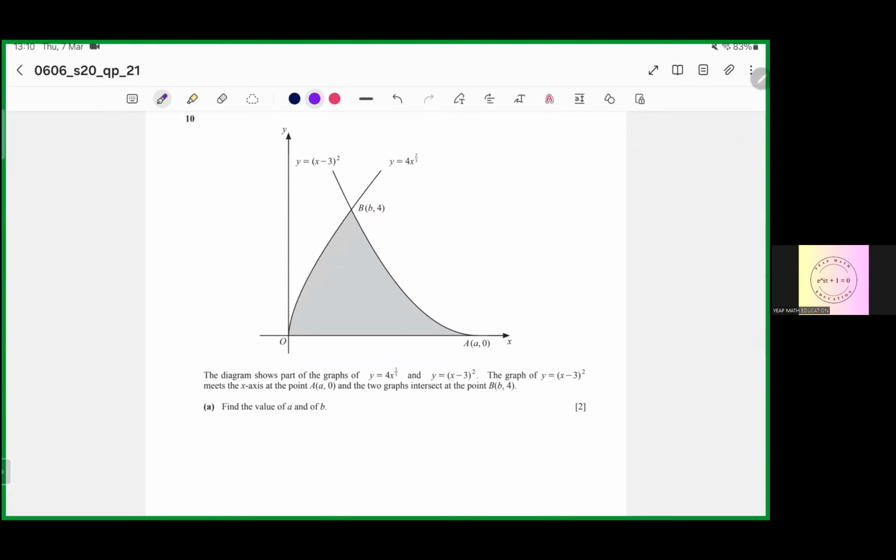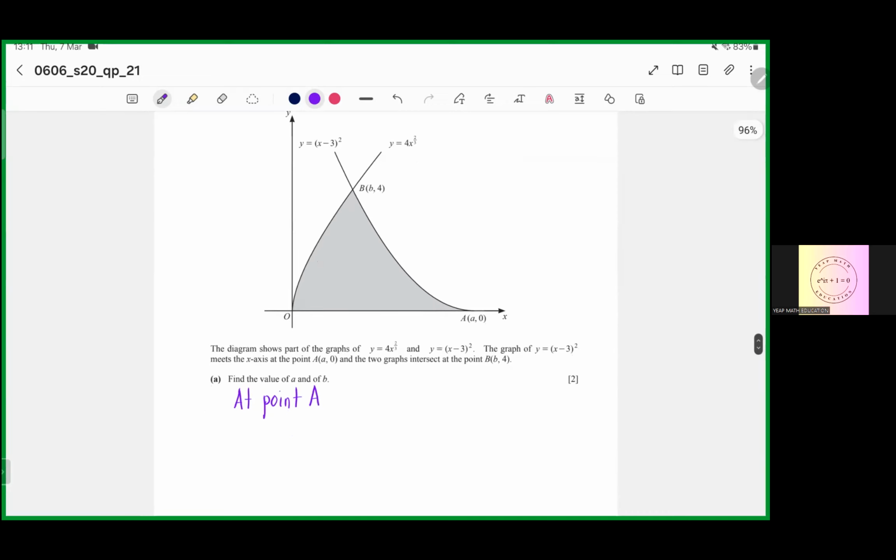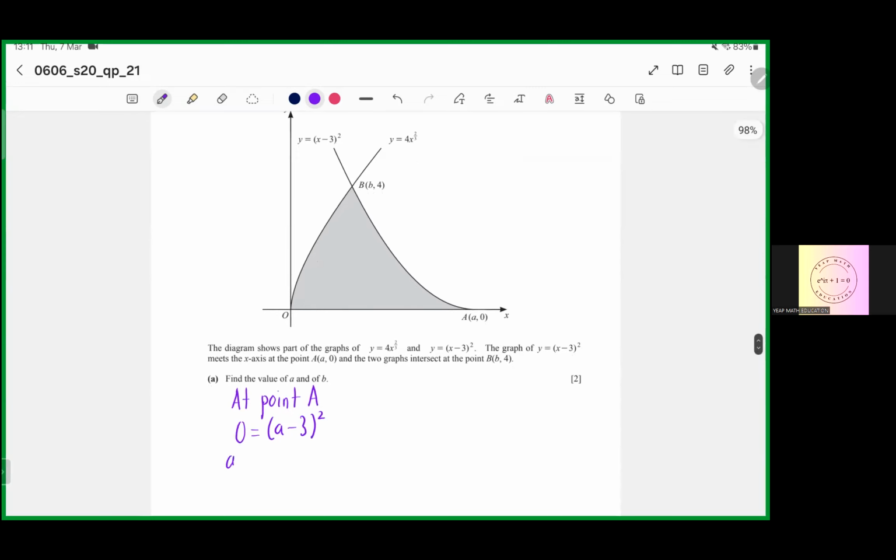Now we find the value of A first. Because this is quite easy, we can use substitution to find it. We let y equal 0, so (A minus 3) squared equals 0. So A minus 3 equals 0, so A equals 3.